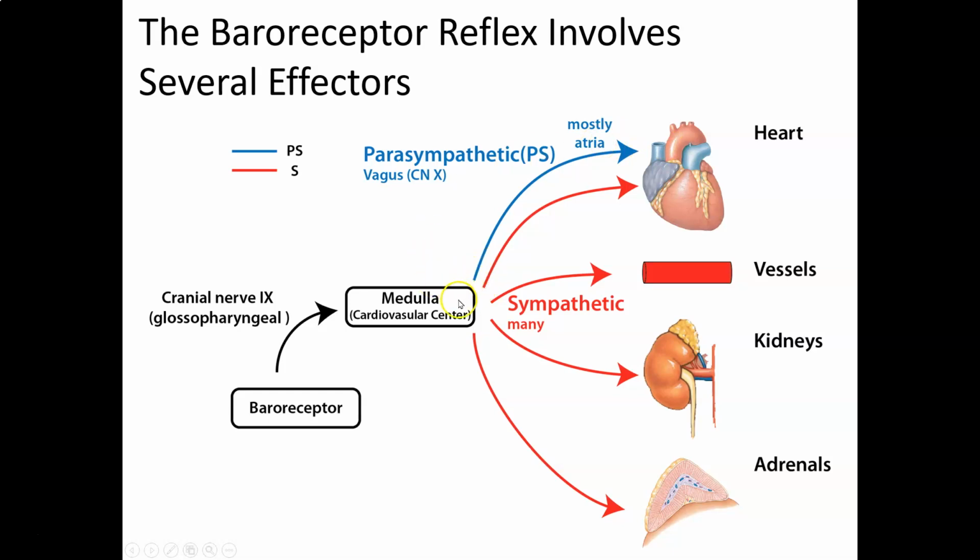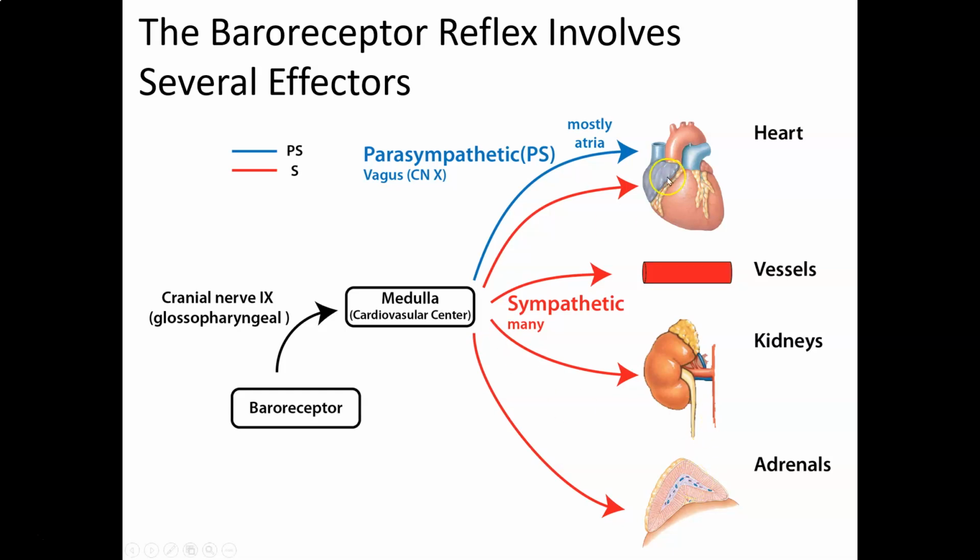The other efferents, the other motor fibers, are the sympathetic, and those go to the heart, the vessels, the kidney, and the adrenals. One of the things to remember is that the blood vessels, the kidneys, and the adrenal glands are examples of sympathetic only, as we've discussed in a previous section.